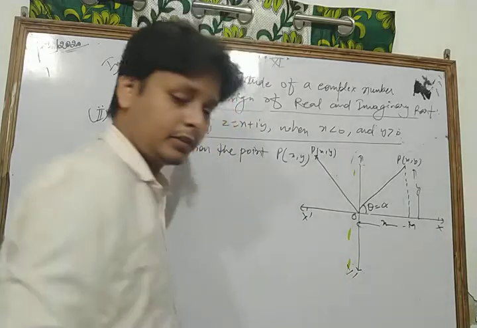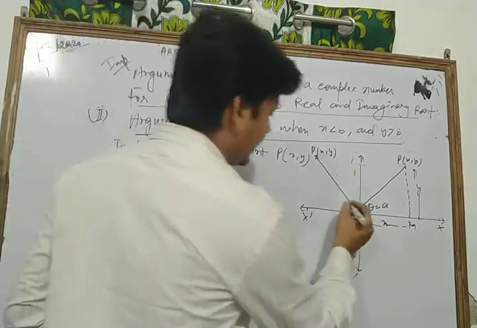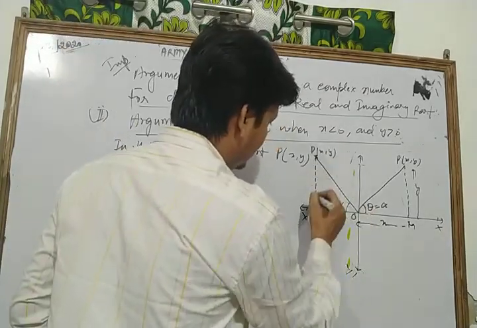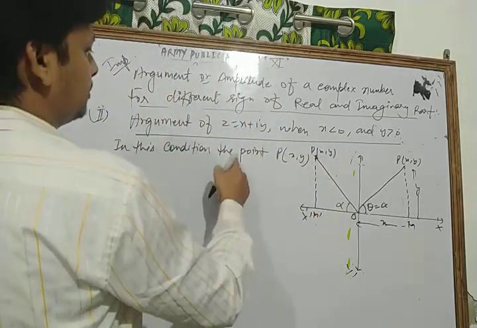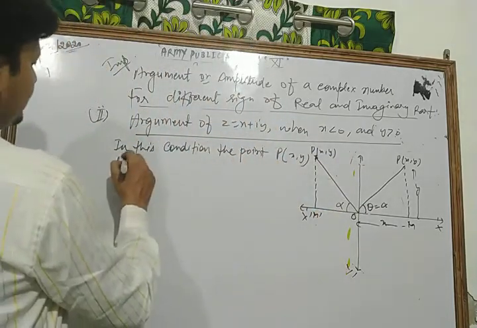Here, dear students, let us consider alpha, let us take m dash. So in this condition, the point P lies in which quadrant?